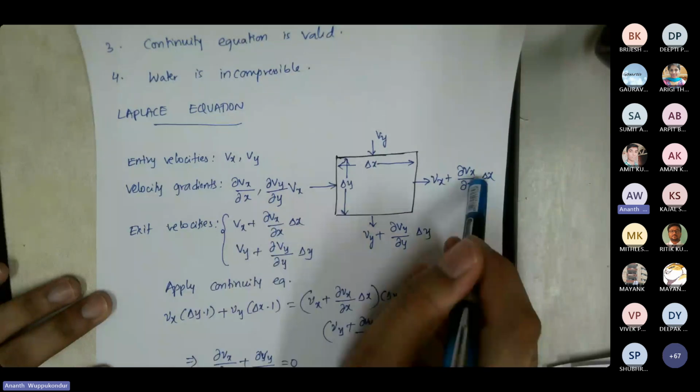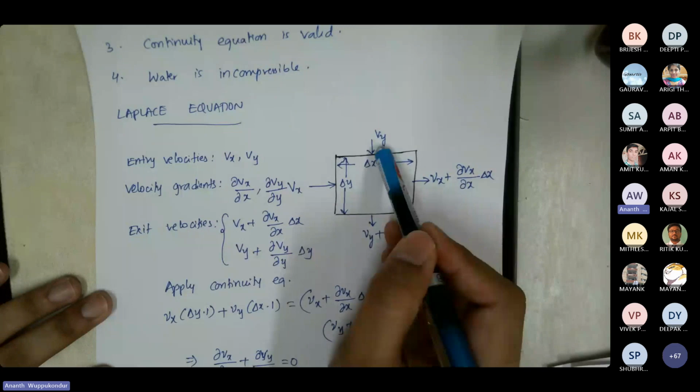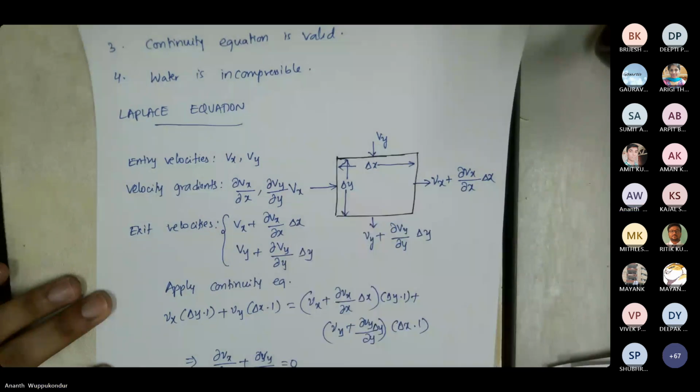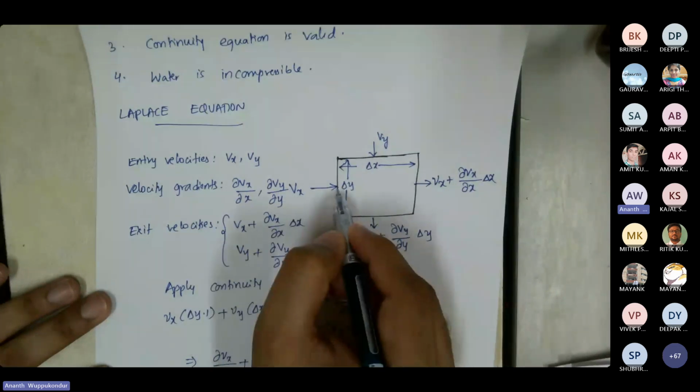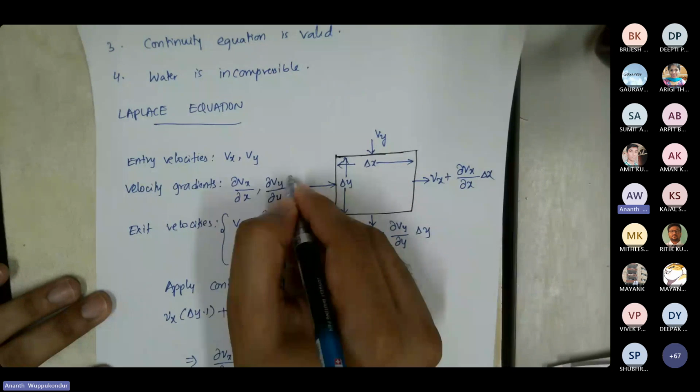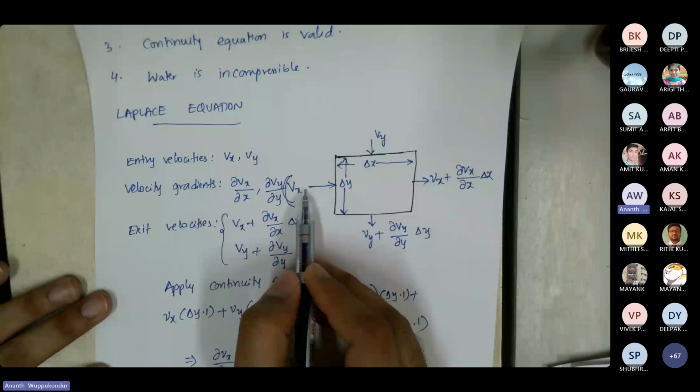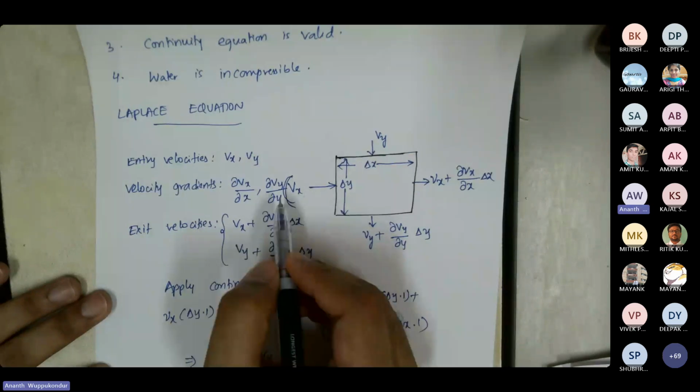Similarly, the water is entering from the top and exiting from the bottom. And let us say the velocity that comes in is Vx. So the velocity of the water that is entering this element is Vx, and the gradient of the velocity is ∂v/∂x.